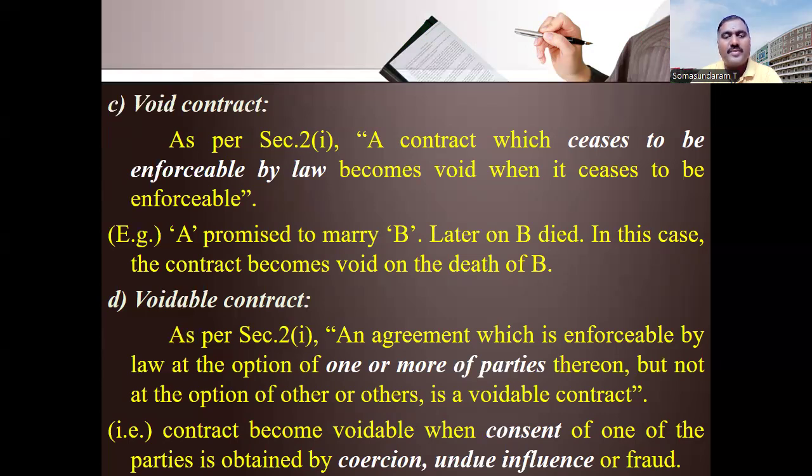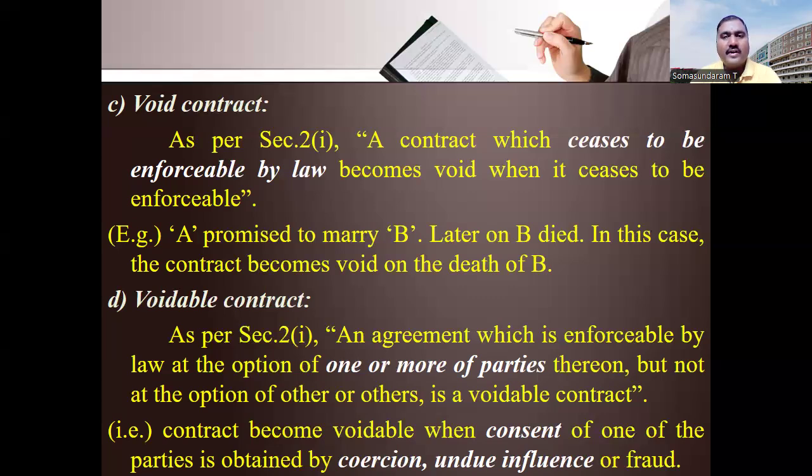In this case, the contract has become void because of the incident that happened. Both were entering into an agreement, but one of the parties is no more, which forced the contract to close. That is called a void contract.